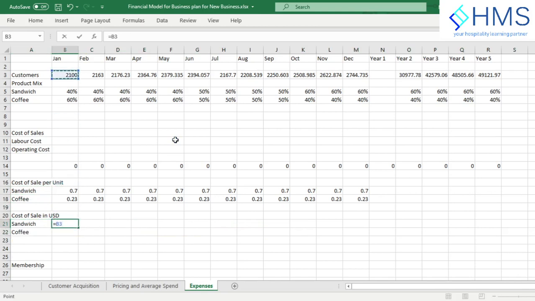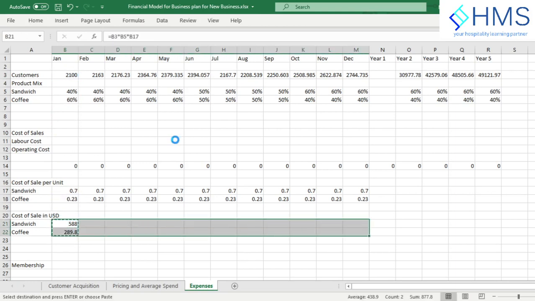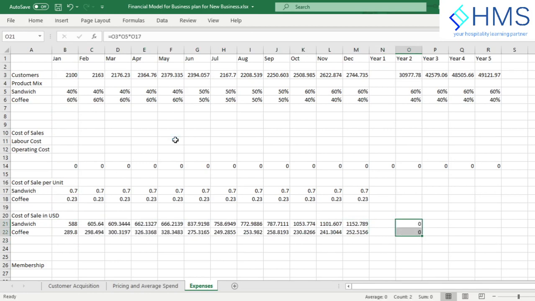The total number of customers means 40% will take the sandwich, and the cost per sandwich is 0.7. Similarly, the total number of customers times the share taking coffee, 60%, times the cost of coffee. So here we can do it and make the formula.